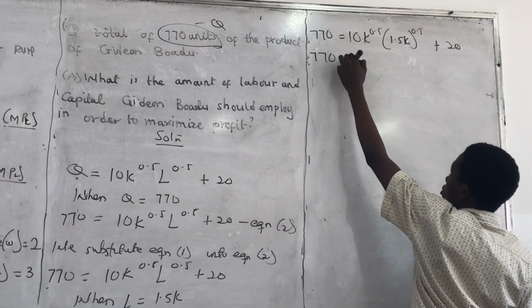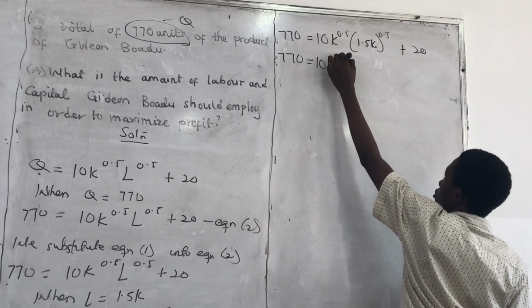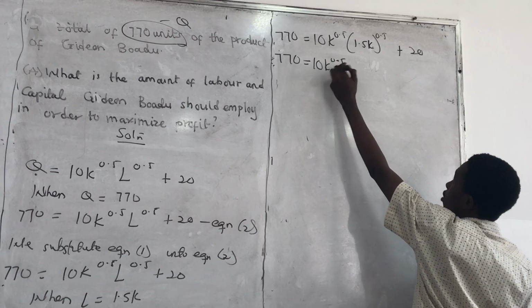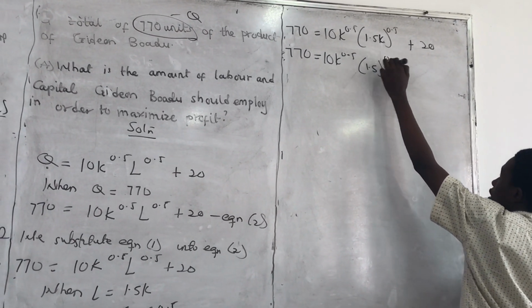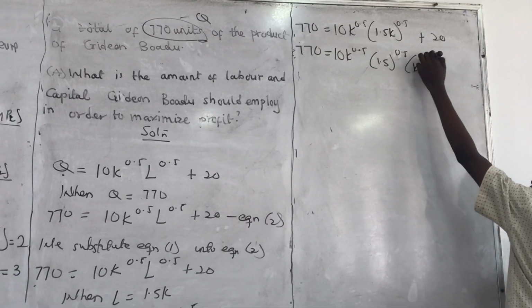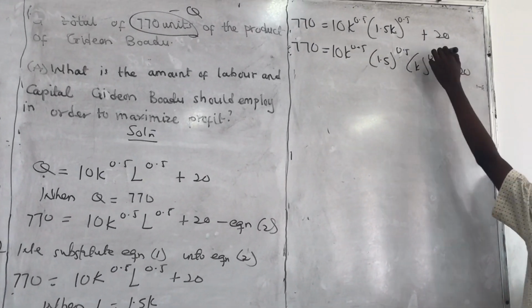So 770 equals 10K^0.5. We expand this, we have 1.5^0.5 K^0.5 plus 20.